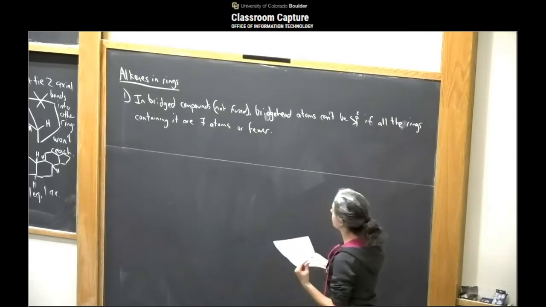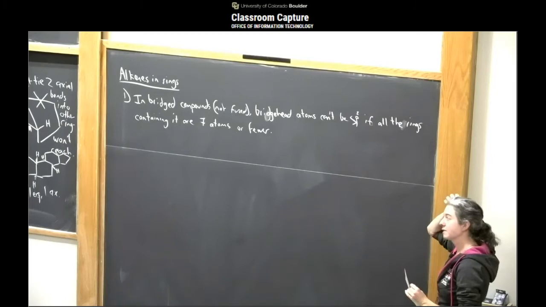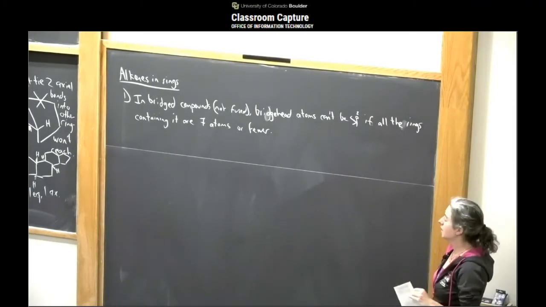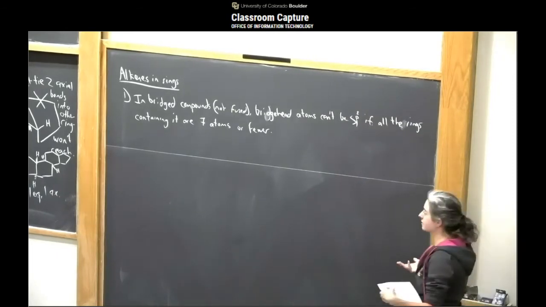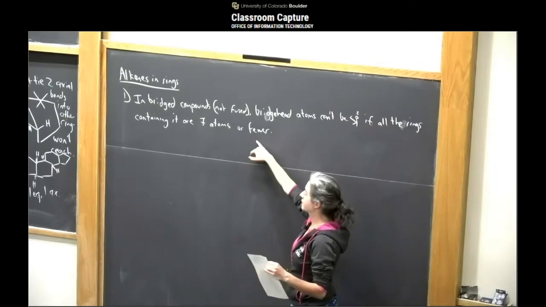Okay, so it turns out that this just gives too high an angle strain. So you remember we saw ring strain in 3-membered rings. It's forced to hold a 60-degree angle. That carbon really wants 109.5, and so it was under a lot of strain as a result. Here, we're not just dealing with 109.5 degrees as our desired bond angle.